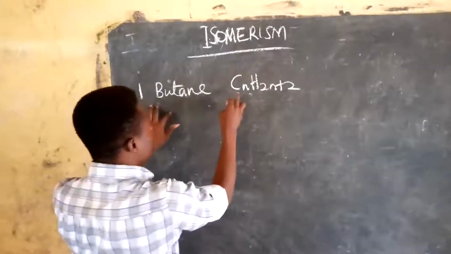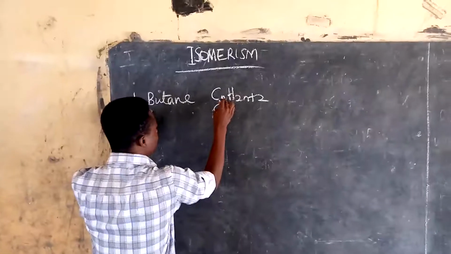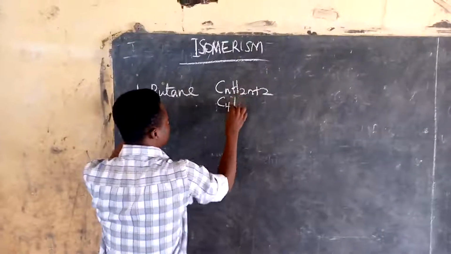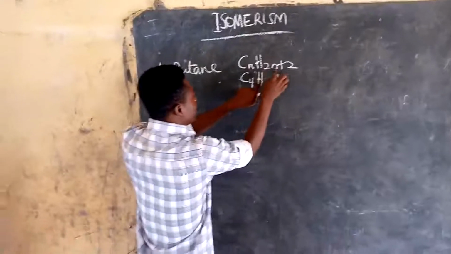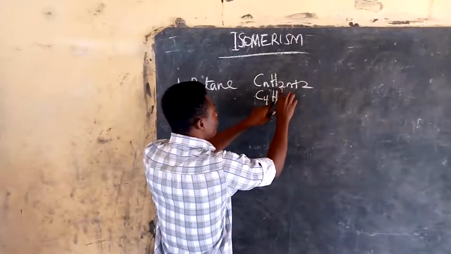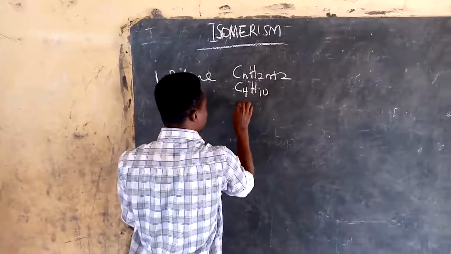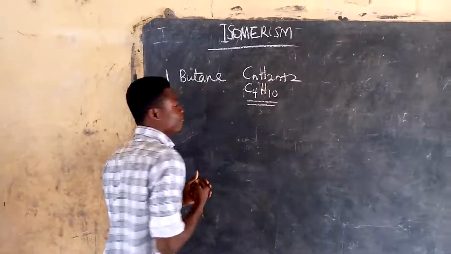Here, talking about butane, butane means the carbon is 4. So we just substitute, change this one to 4, and then your hydrogen is 2n plus 2, and the n here is also 4. So 4 times 2 will give you 8, and then 8 plus this 2 will give you 10. So this is how the butane molecular formula is written.